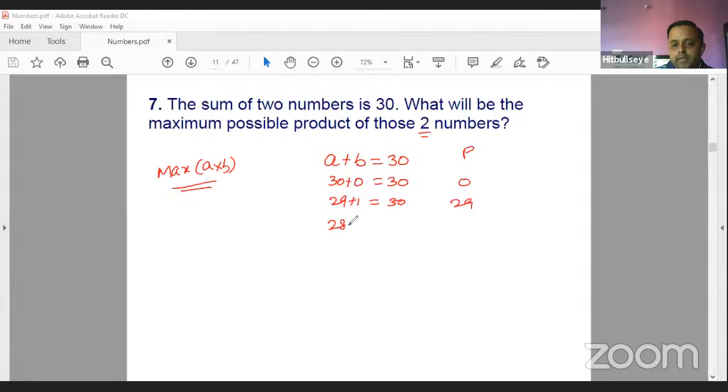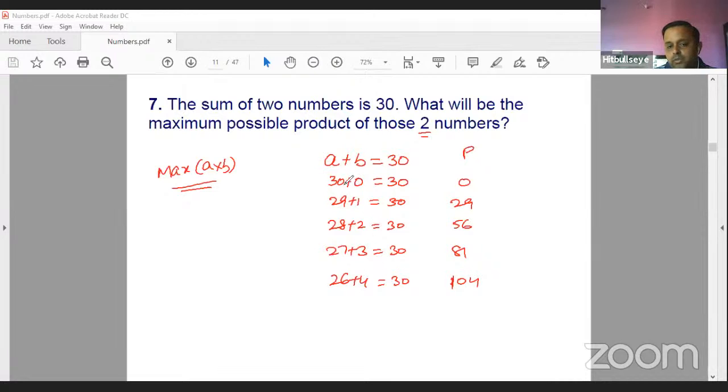Next is 28 plus 2, the product is 56. Next is 27 plus 3, the product is 81. 26 plus 4, the product is 104.